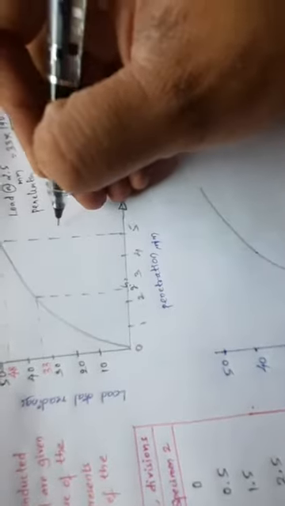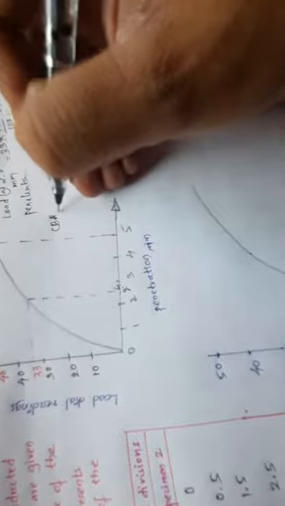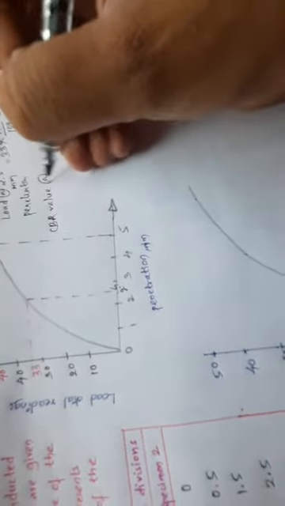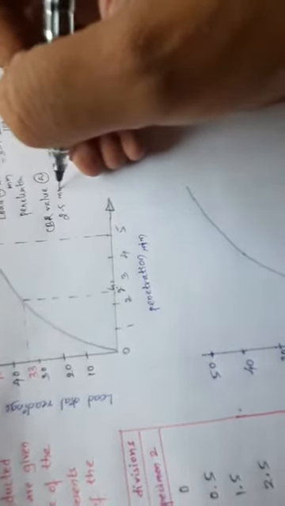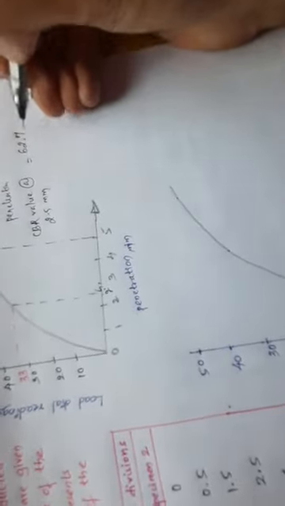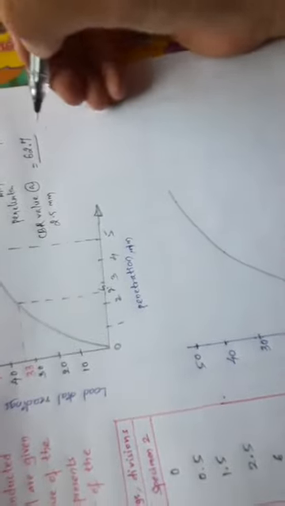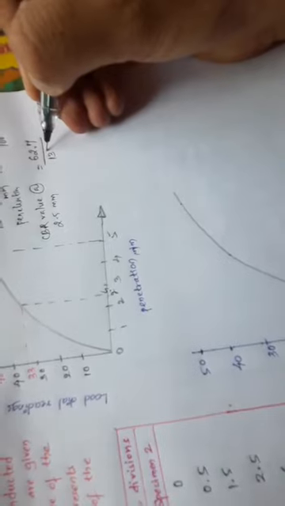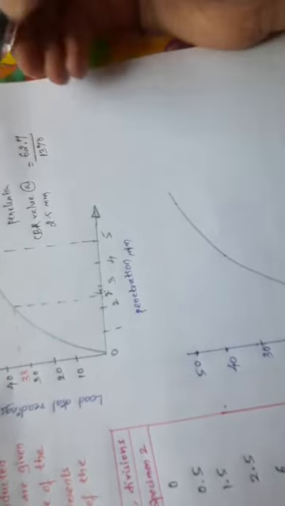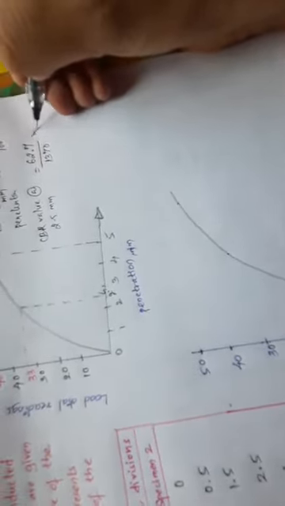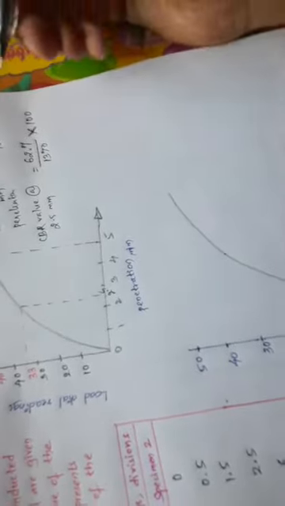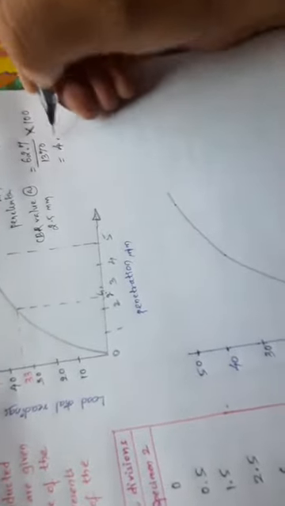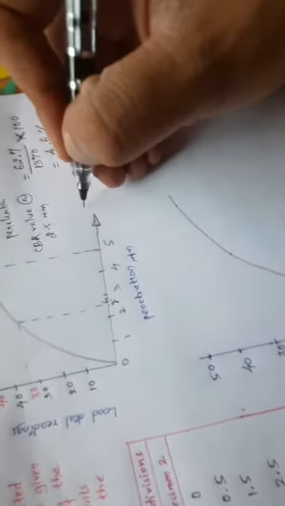So the CBR value at 2.5 mm is 62.7 divided by the standard. The standard for 2.5 mm, for crushed stone, is 1370. This is multiplied by 100, which gives 4.6%.